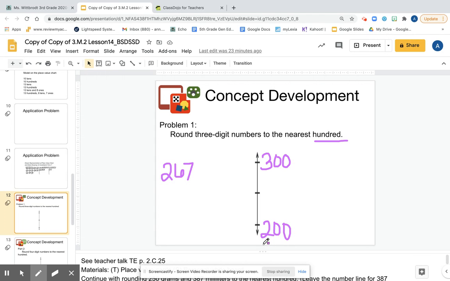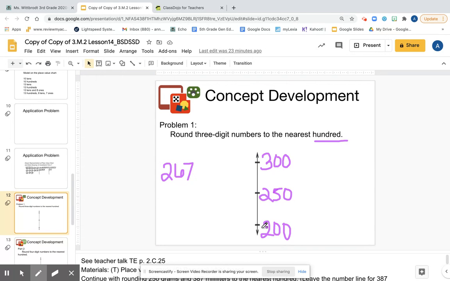And then when we find our midpoint between 200 and 300, just like we were talking about that magic number 5, when we count by 50s, we can find the midpoint: 200, 250, 300. So 250 is going to be my midpoint because 50 is the midpoint between any hundreds. And now it's up to you to plot 267 where you think it should go on this number line.